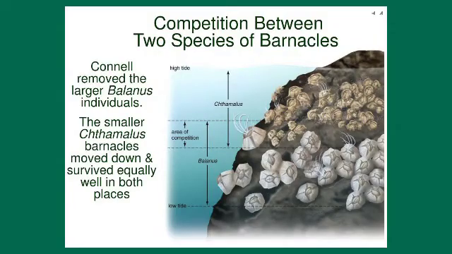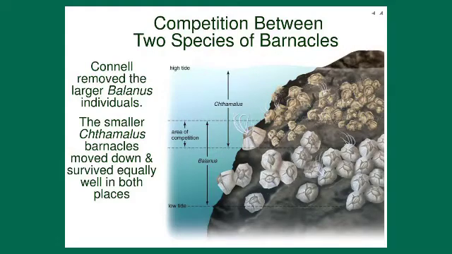Now the third one is competitive release. That is, due to the presence of a competitively superior species, a species is restricted to a small geographical area. This means because of the presence of a competitively superior species, the inferior species is restricted to only a very small geographic area.